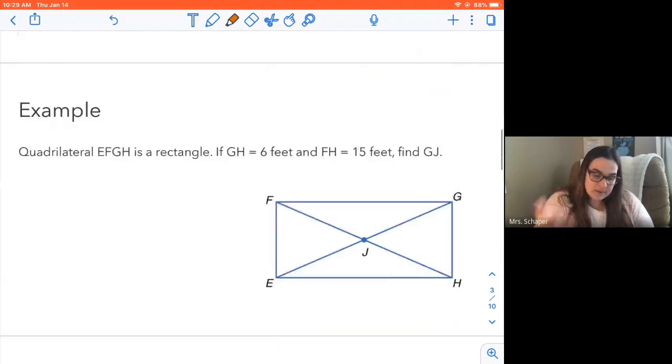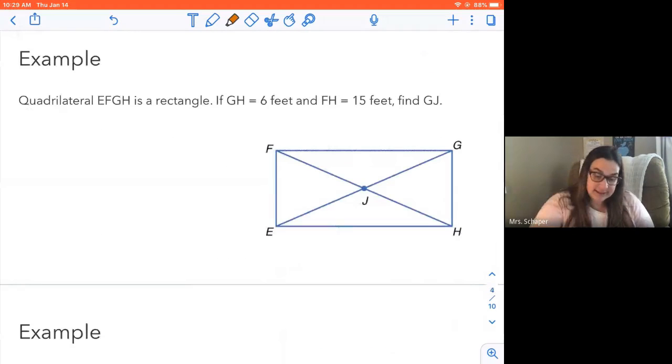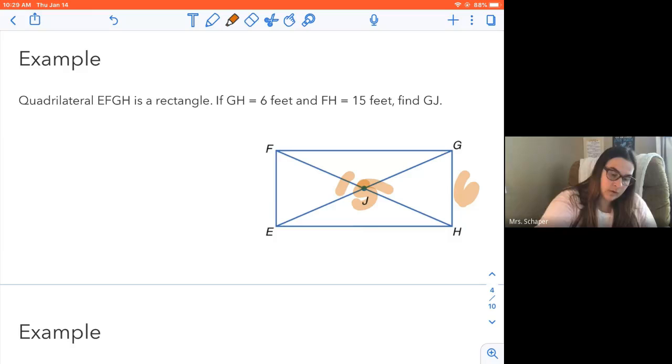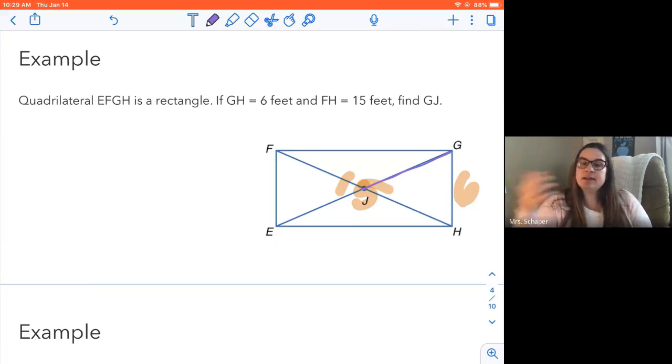So in this quadrilateral, if GH is 6 and FH is 15, what is GJ? Okay, so we want to know what this amount right here is. Well, when we look at this, we know that in a rectangle, diagonals are congruent and they bisect each other.